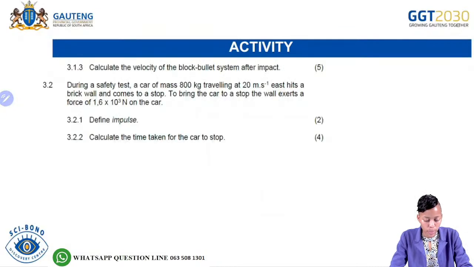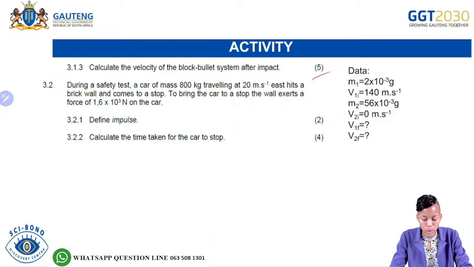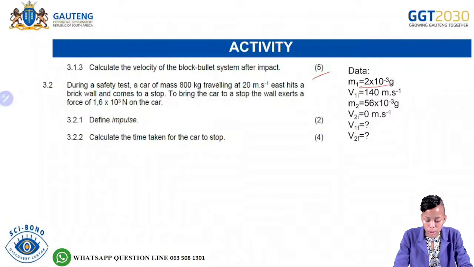So then 3.1.3 says calculate the velocity of the block-bullet system after the impact. So how are we going to solve this one? We are going to need to collect the data. Remember, we were given 2 grams. The first thing you are going to do is convert your grams to kilograms.